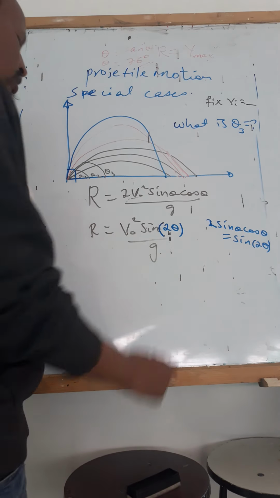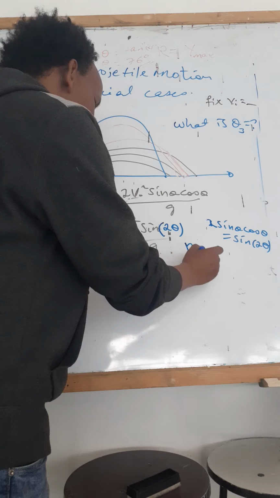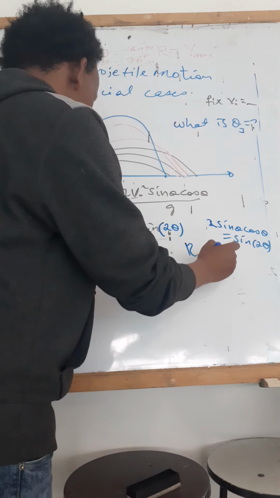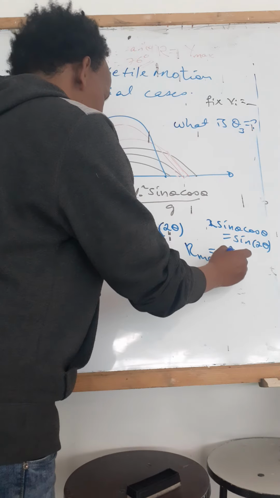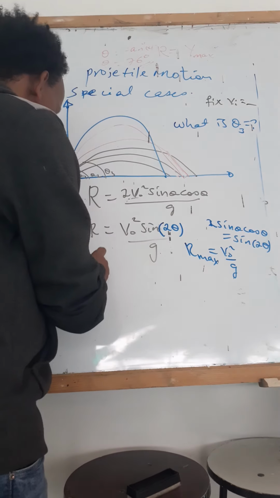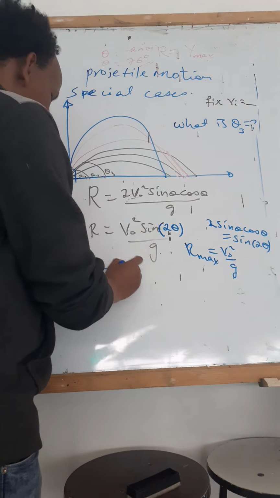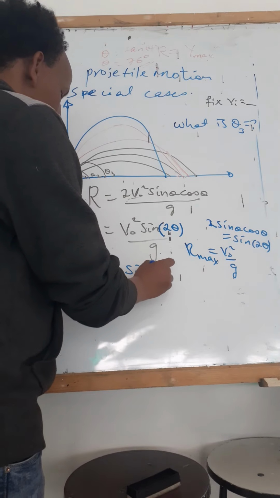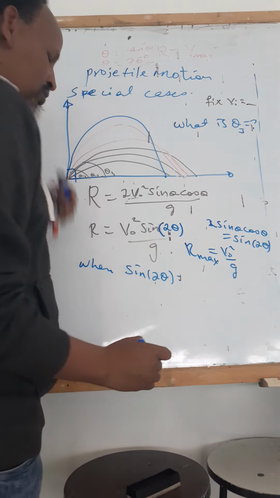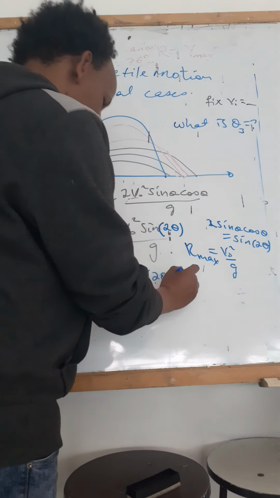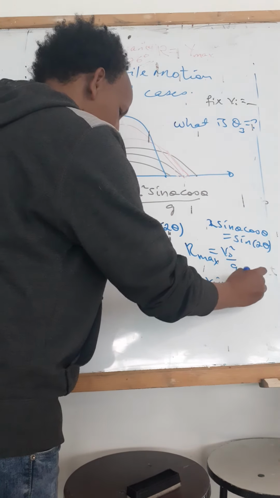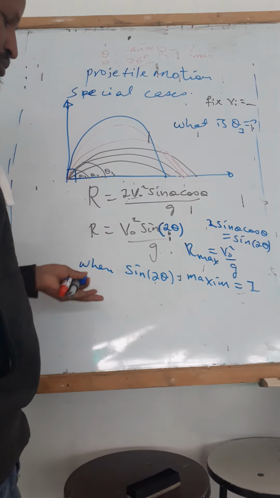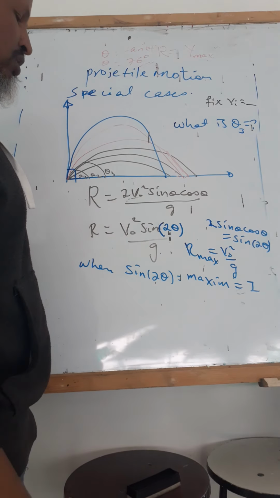And again, R is maximum, which is v naught square over g, when sine 2 theta is maximum, which is actually 1, because the maximum value for sine is 1.